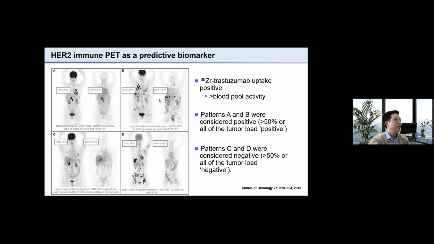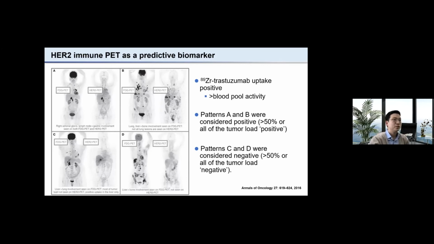Pattern B is more than 50% of the tumors, metastatic lesions, are HER2 positive. So A and B are considered HER2 PET positive. C indicates a very small proportion of metastases are HER2 positive, and D indicates there is no positive uptake in the HER2 PET.